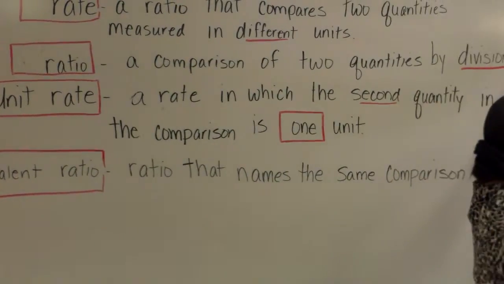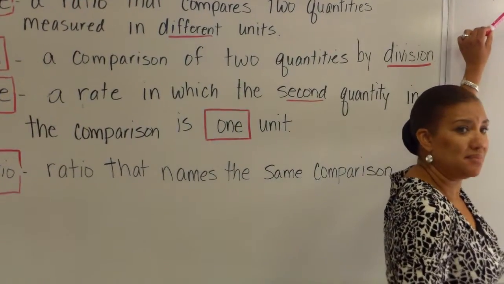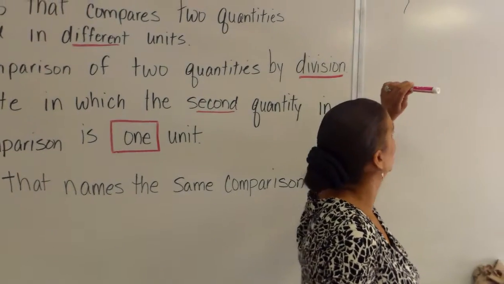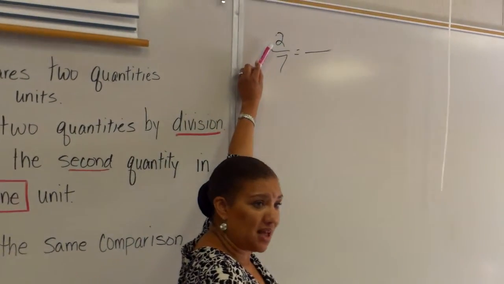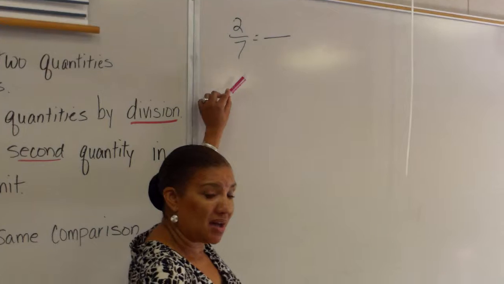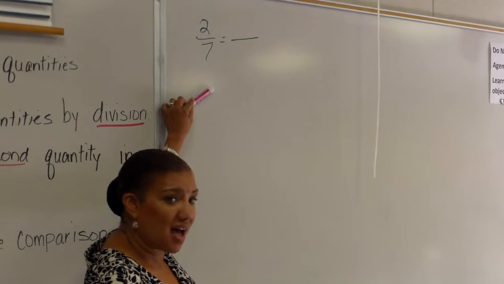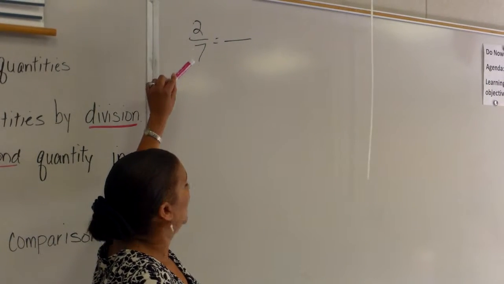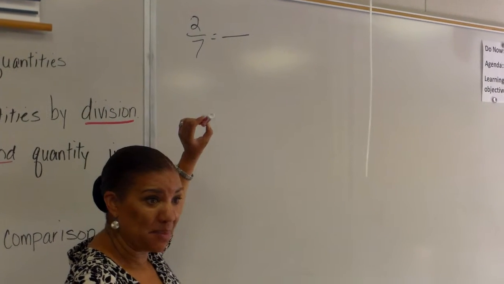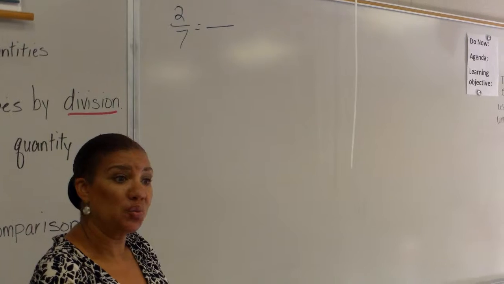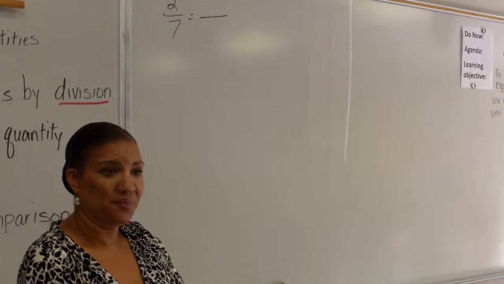I'm going to either multiply or divide the terms by the same number. I'm going to either multiply the top and the bottom by the same number, or I'm going to divide the top and the bottom terms by the same number. That's how we find an equivalent ratio.